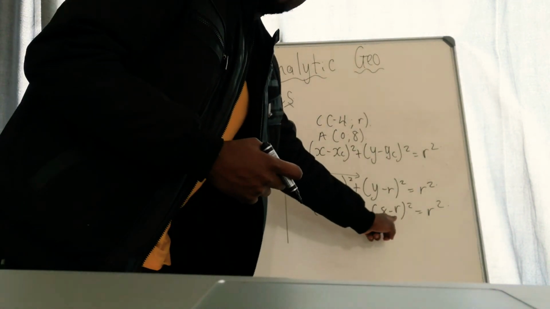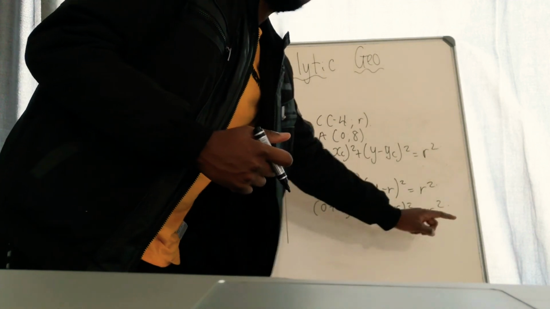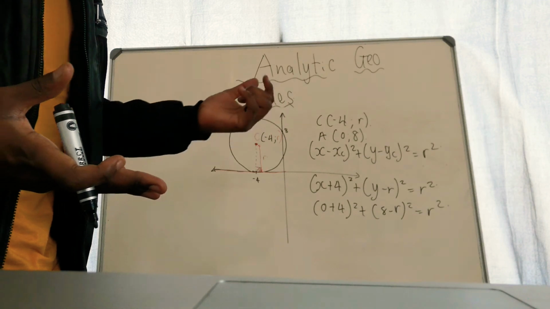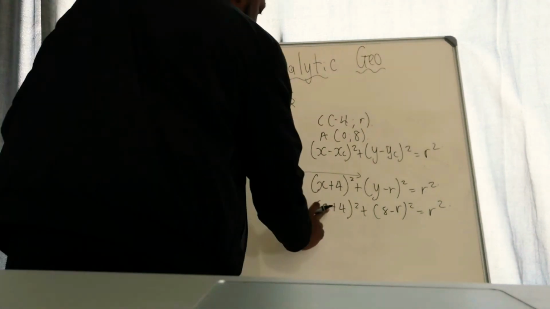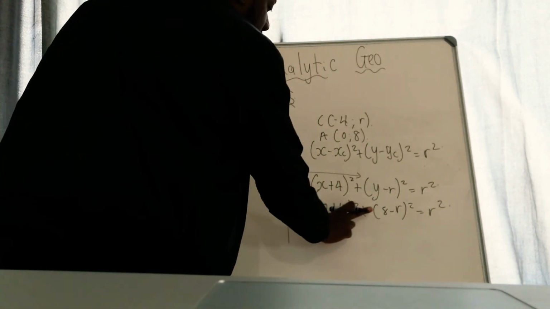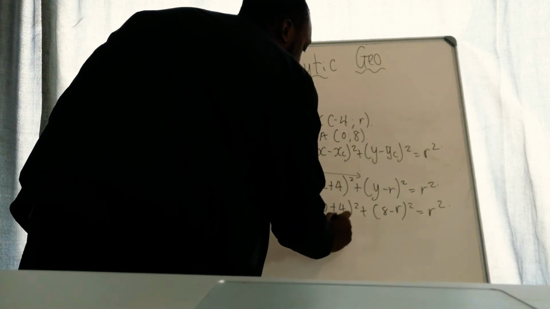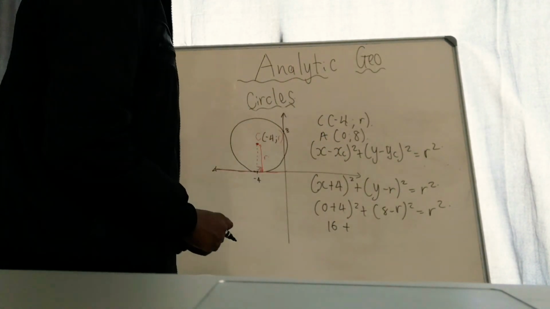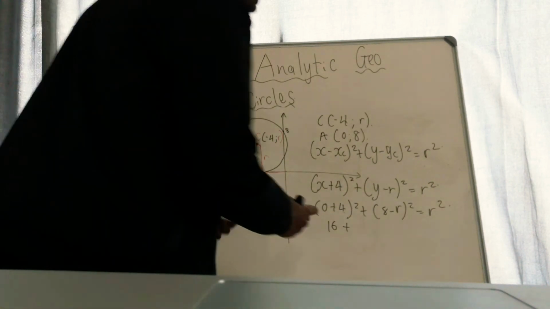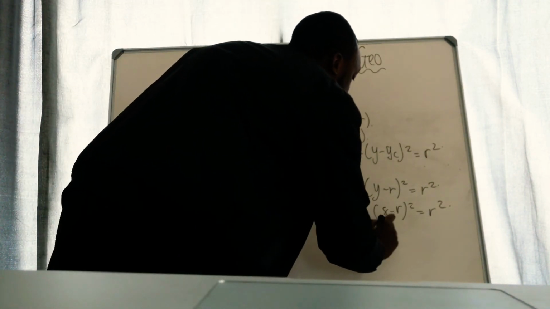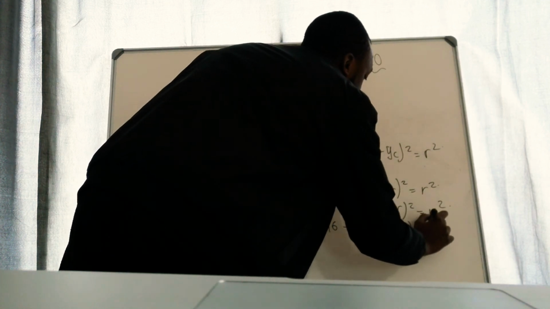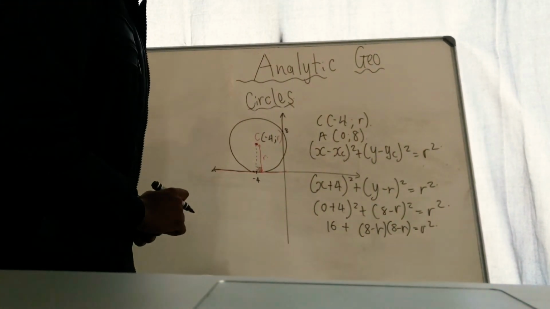But I have an r there, and an r squared that side, so it's going to come out as if it's a quadratic. But let's see. So 0 plus 4, and if I square that value, I get 16. Here it's a square on a binomial, so I have to rewrite that bracket twice. And that's what I get.